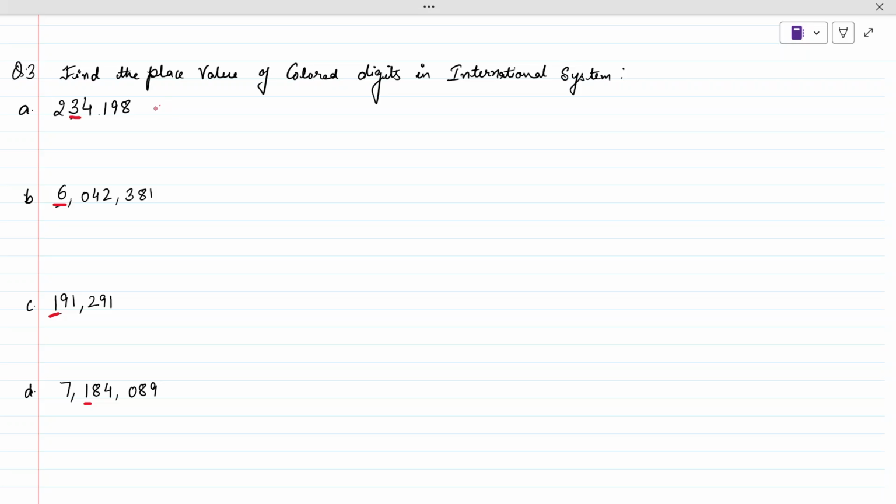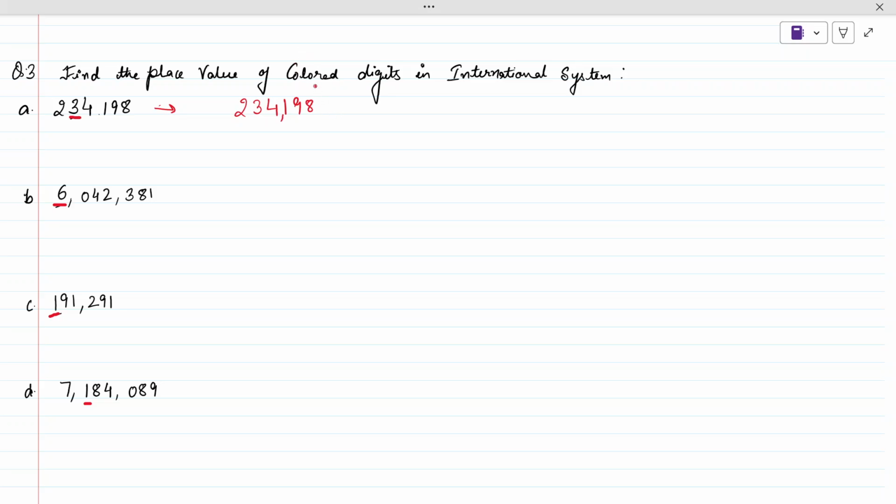First of all, I'll rewrite this number with commas. This is 2, 3, 4, 1, 9, 8 as a number. After the first three digits, I'll put a comma, and then we have three digits, so no further comma is required. Now let us see the different places we have here.